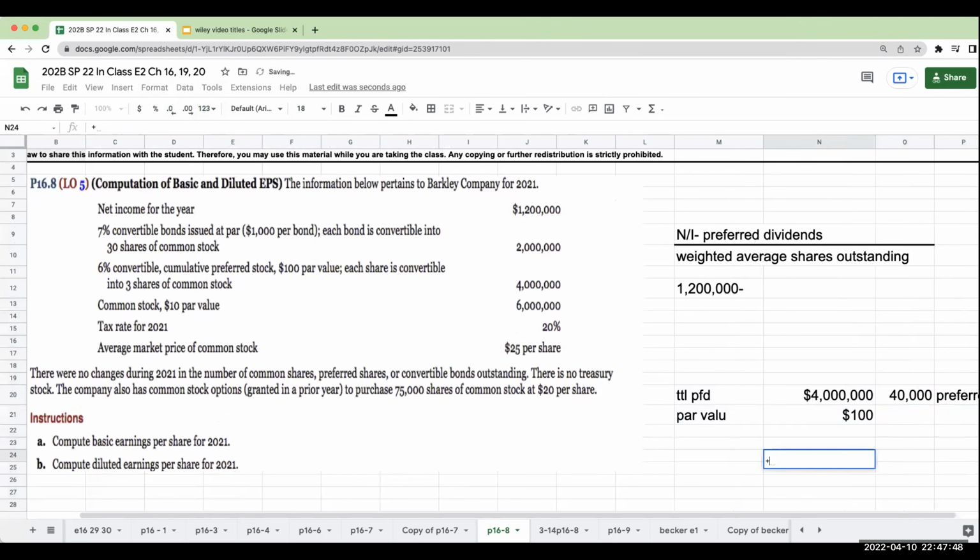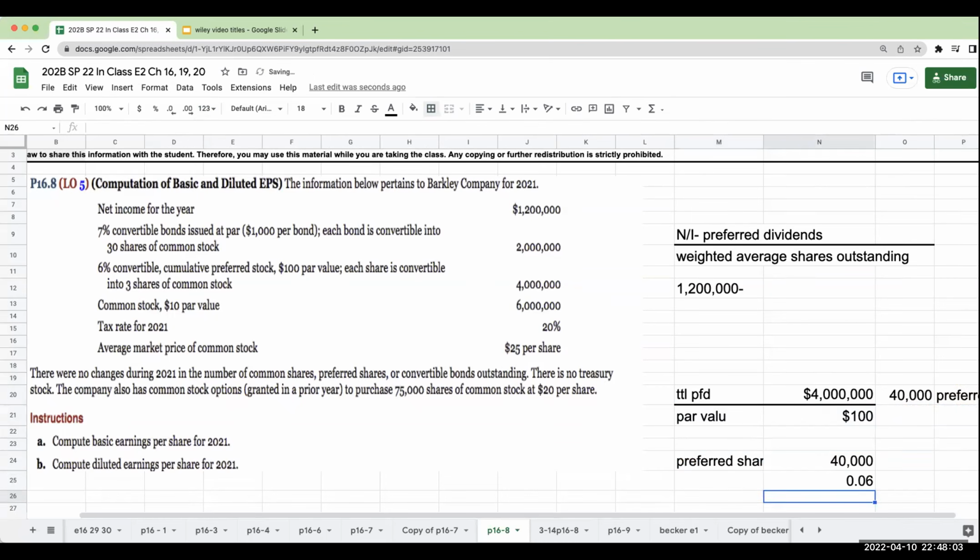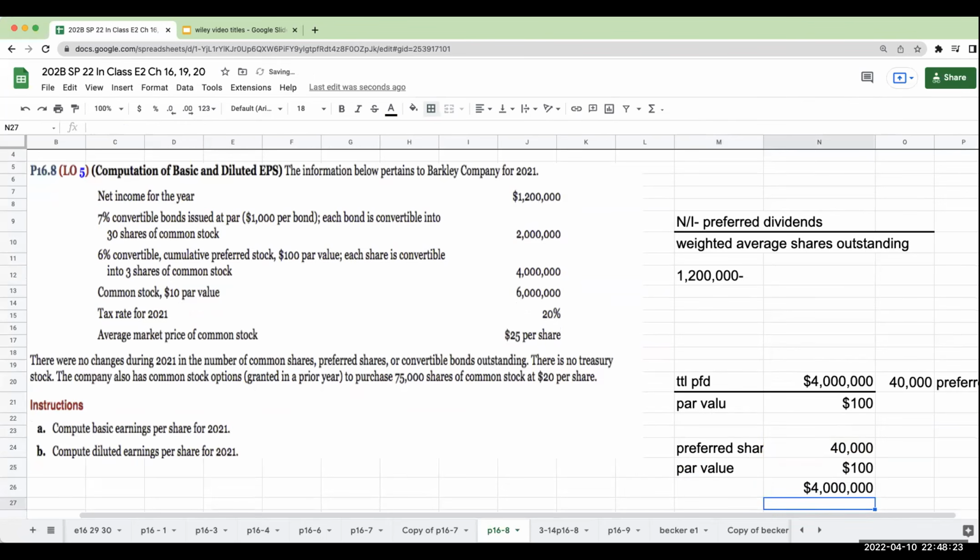If I take my total preferred shares of 40,000, the amount of the preferred dividend is at 6%. And I'm missing one thing over here. So it's 40,000, par value is 100, and so the value of my preferred shares is 4 million.